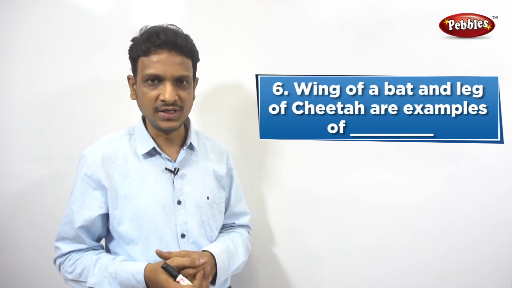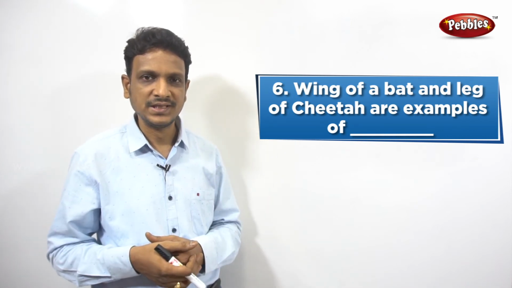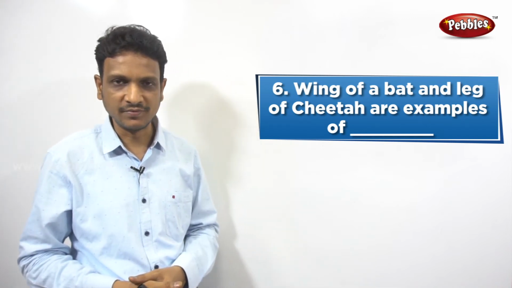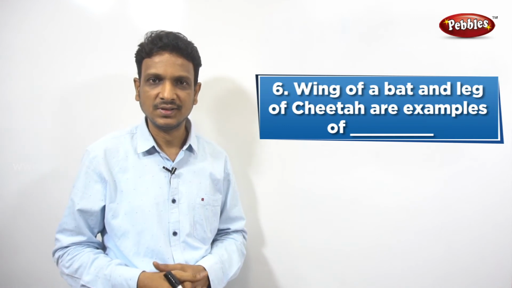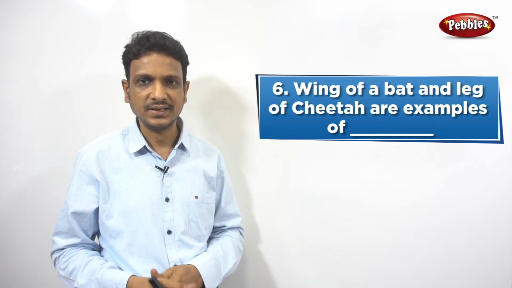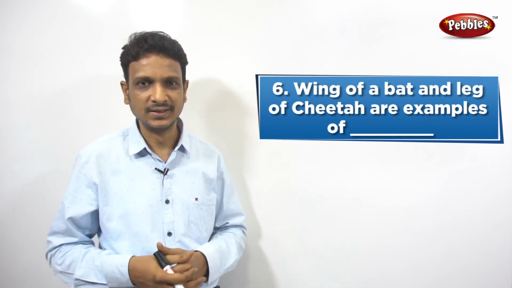For example, a whale has a fin, it moves in the water with the help of its flipper or its fin. And a bat flies in the sky with its wing.